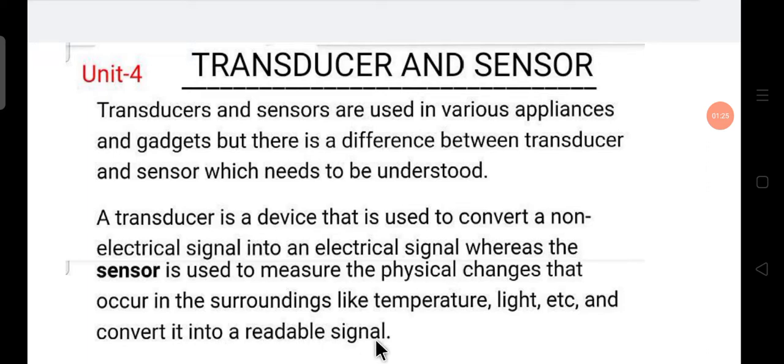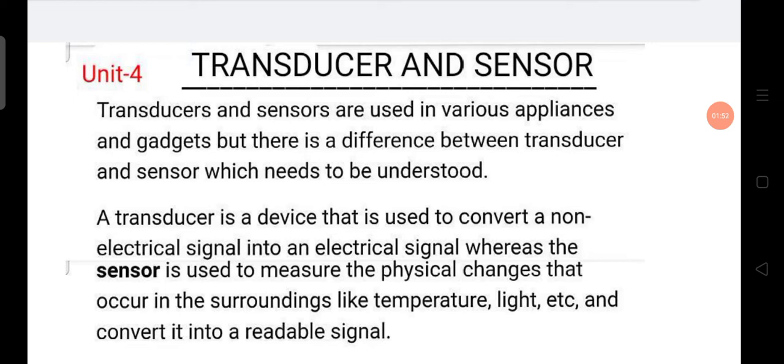So basically a transducer is a device which converts a non-electrical signal into an electrical signal. Non-electrical signal means, let's say, a voice signal or pressure signal, or any mechanical signal, into an electrical signal. This is the working of a transducer.